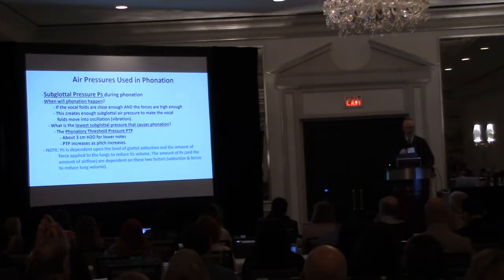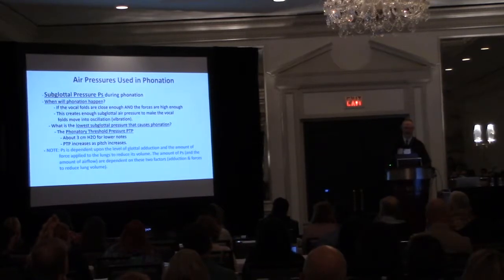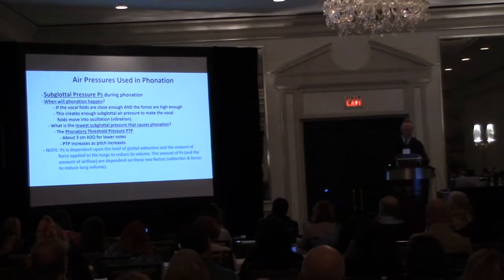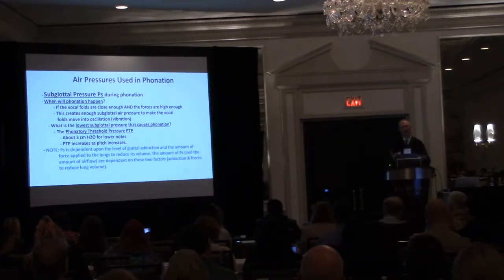So when will phonation happen? If the vocal folds are close enough, like we just talked about, and those forces are high enough, this creates enough subglottal air pressure to make the vocal folds move, that is, set them into oscillation or vibration. We have this concept which is clinically important and production and even studio important. What's the lowest subglottal pressure to cause phonation?